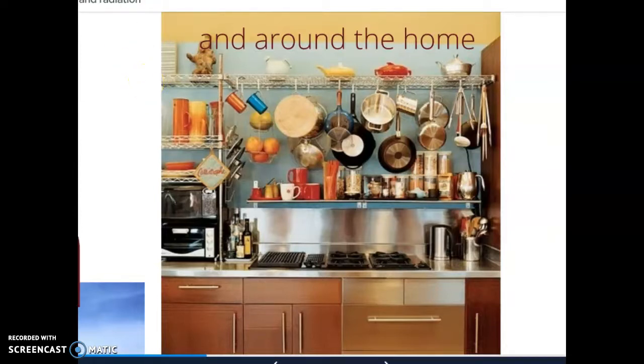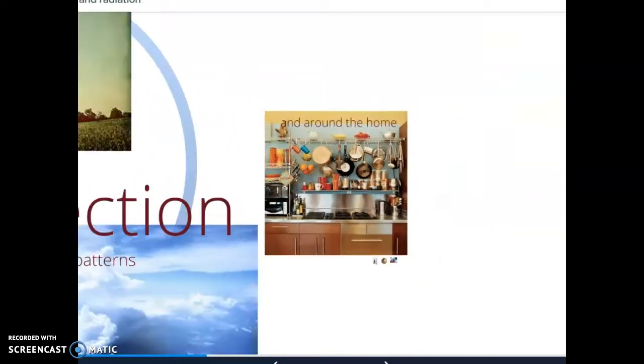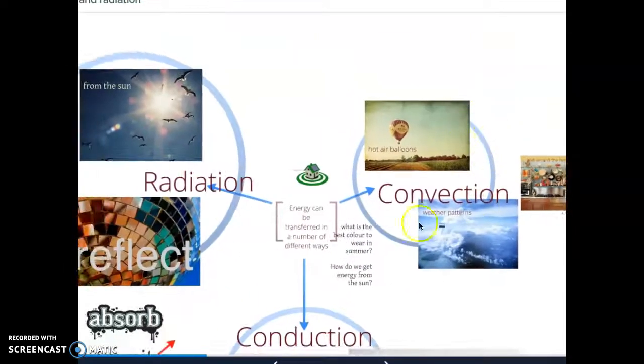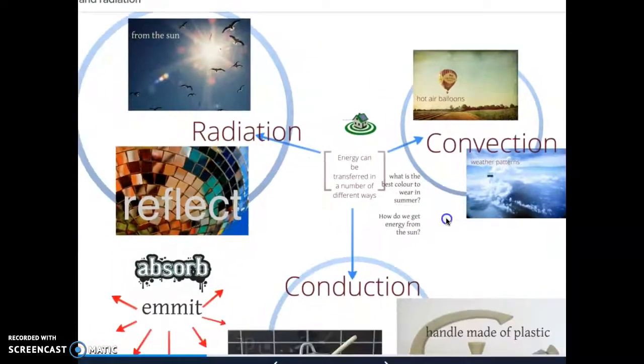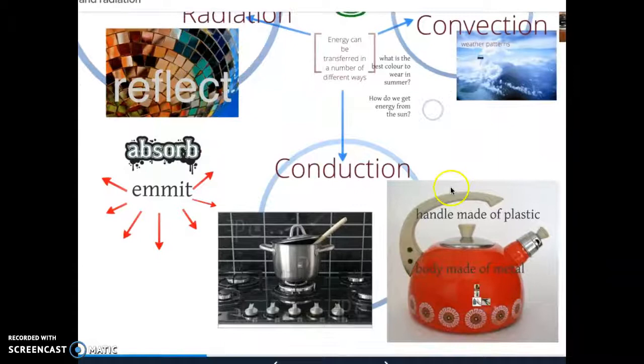Convection involves gases and liquids, and it involves the movement of hot air. And radiation is always going to happen. You're always going to get a hot object giving off infrared. But if you happen to have a material which is the right color, you can prevent it. So that's an overview of conduction, convection, and radiation.